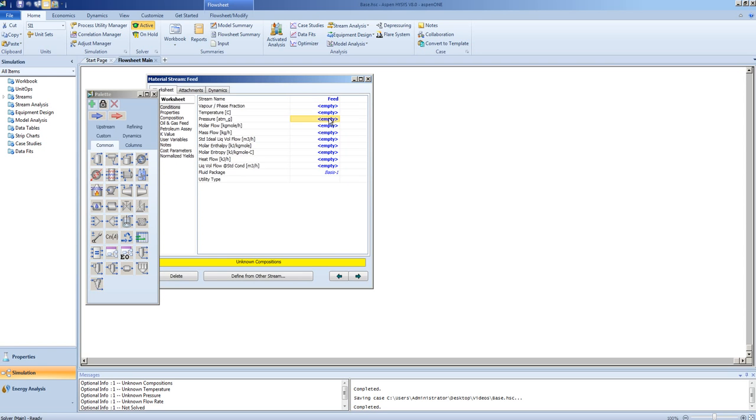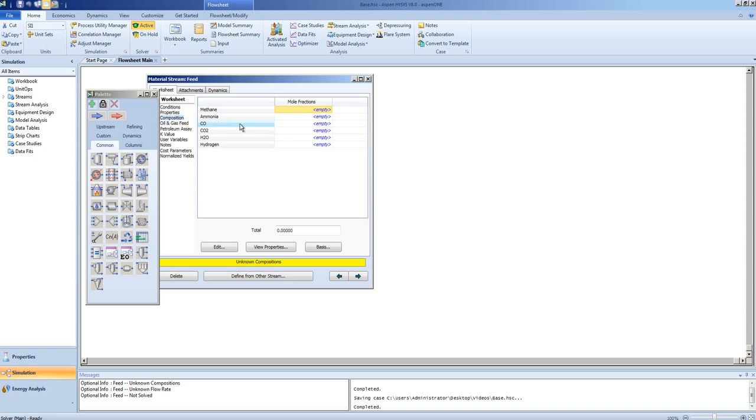It's going to have a temperature of about 35 degrees Celsius, pressure of 1 atmosphere. 1 atmosphere, not 1 atmosphere gauge, but 1 atmosphere, which is atmospheric pressure. See, it says 0, but that's 0 gauge. Set up a mass flow of 1,000 kilograms per hour.